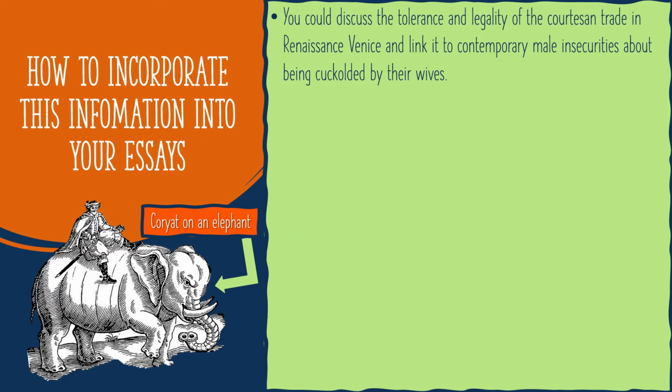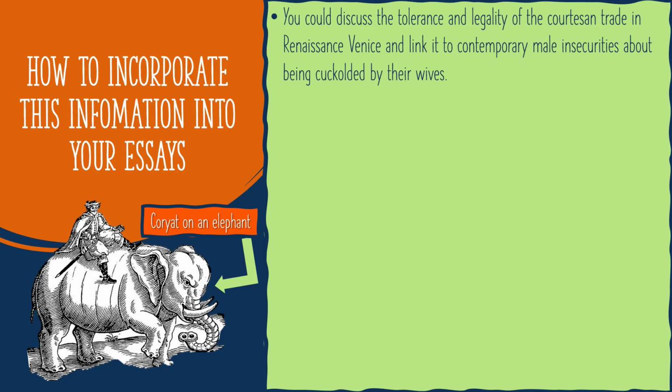So here are some little things to start you off. You could discuss the tolerance and legality of the courtesan trade in Renaissance Venice and link it to contemporary male insecurities about being cuckolded. This is really significant, of course, not just because we have Othello, whose insecurities with his wife lead to her murder, but actually we have somebody like Iago, who also accuses his wife and does believe that his wife has cuckolded him.